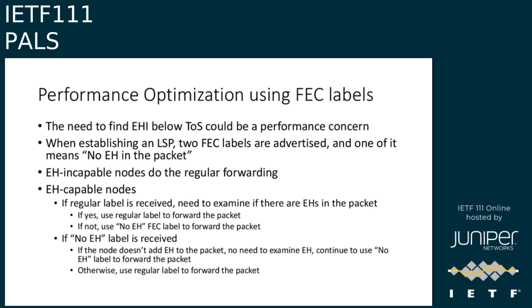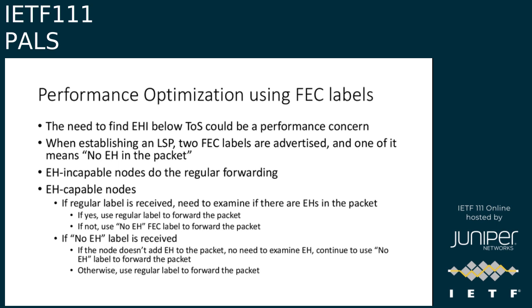So for the extension header incapable nodes, they just do regular forwarding. But for extension header capable nodes, if they receive a regular label, they will need to examine whether there are extension headers in the packet or not.